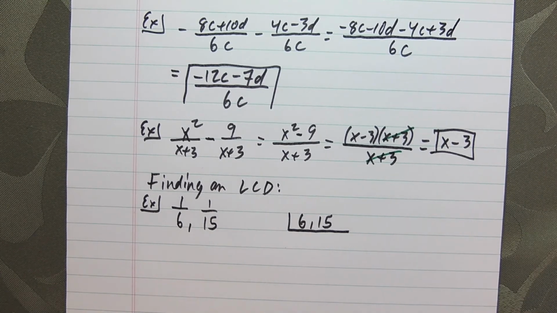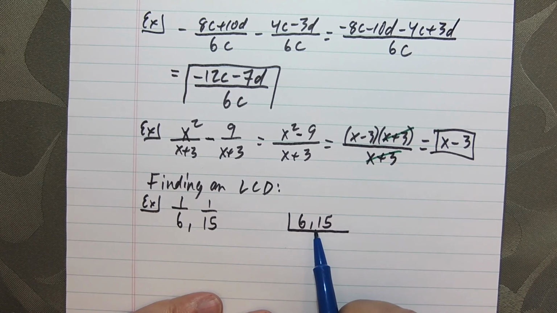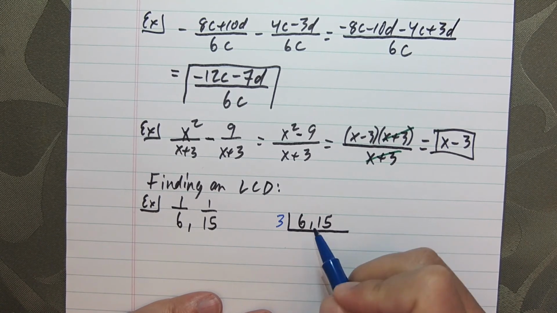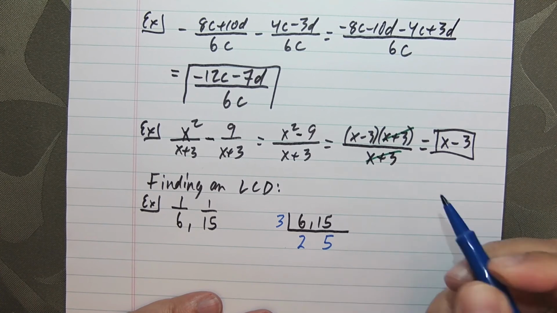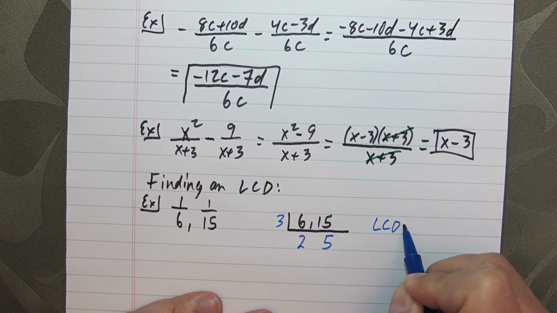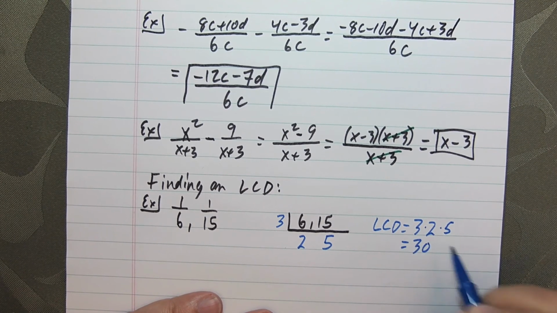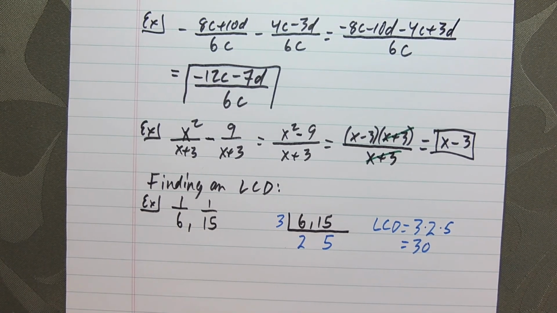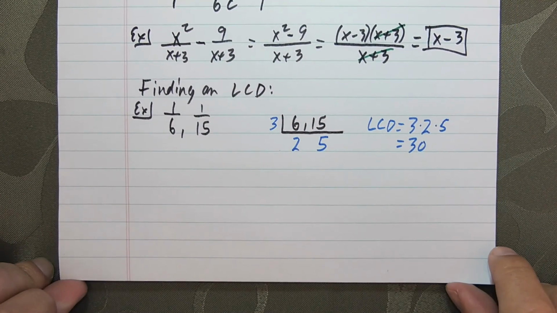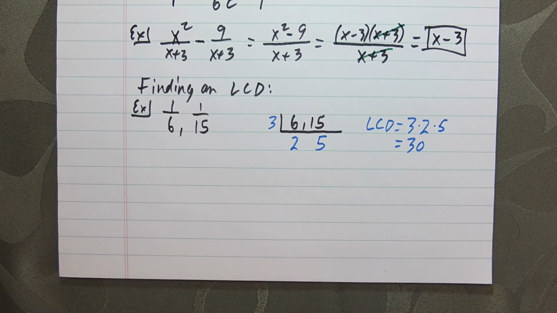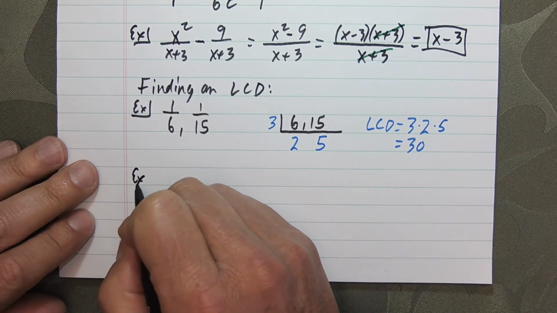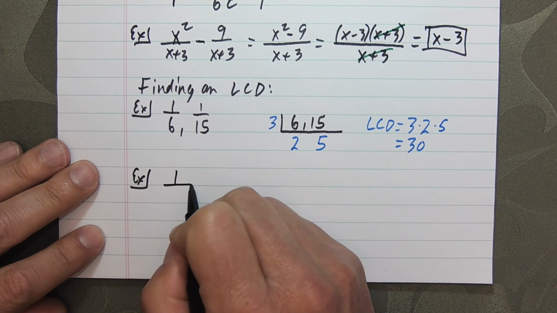And I ask the question, what do they have in common? Y'all see there's a 3 in common? Yeah. And what's left is a 2 and a 5. So the LCD is 3 times 2 times 5, which is 30 in this case. So it's the outside. Okay. Yeah, fancy little trick I picked up at one point. So we can even make this... let's do this one. x.